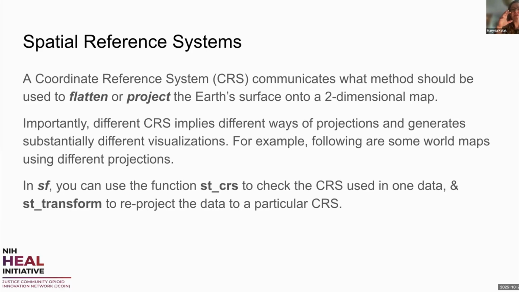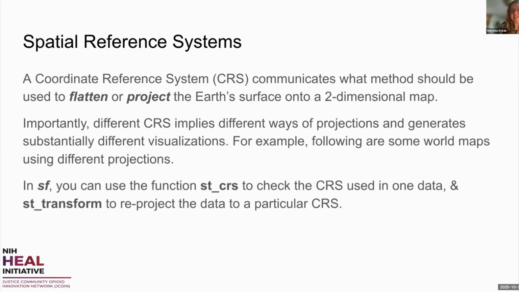But as we turn this spherical object into two-dimensional space, there are hundreds, if not thousands, of different ways to flatten things. So imagine having an orange, taking off the orange peel and flattening that orange peel, right? The peel is never going to look the same way that it did when it was a sphere. Anytime you move from three-dimensional surfaces to two-dimensional, things will change.